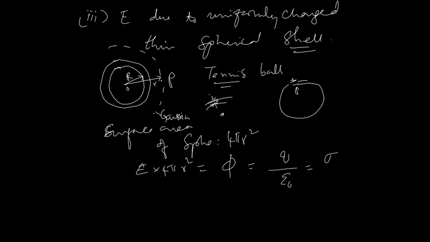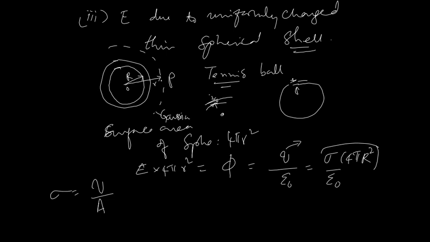This is a step you need to understand. He uses 4 pi R squared. I replaced q with this because last time we said sigma is nothing but q, the total charge, divided by the area. Only this much charge is enclosed in this.